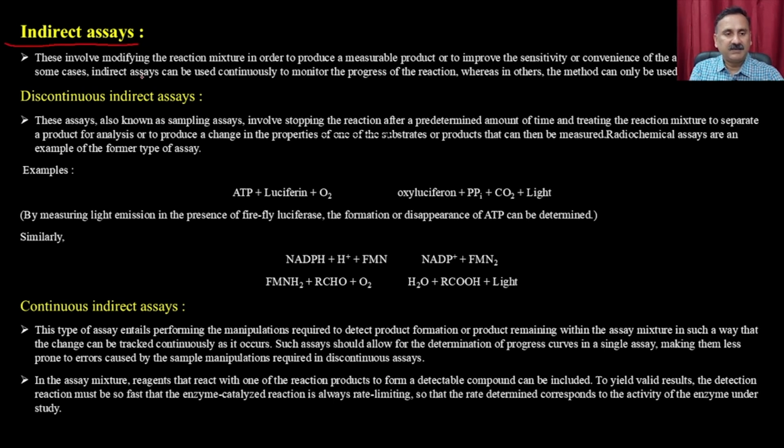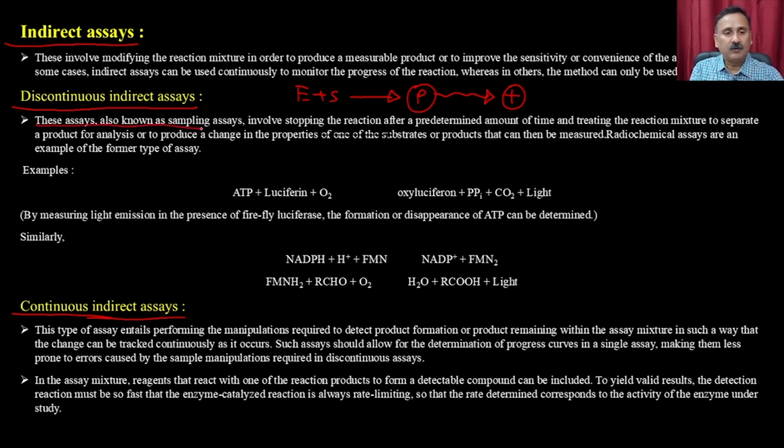You can have discontinuous indirect assays and continuous indirect assays. In a discontinuous assay, enzyme plus substrate forms a product, and then you recover or purify this product and put it into another reaction. That is the discontinuous indirect assay.